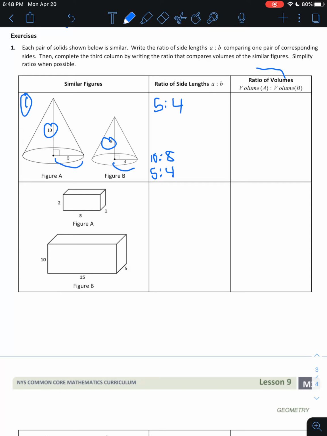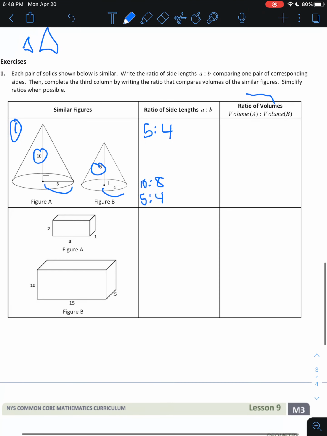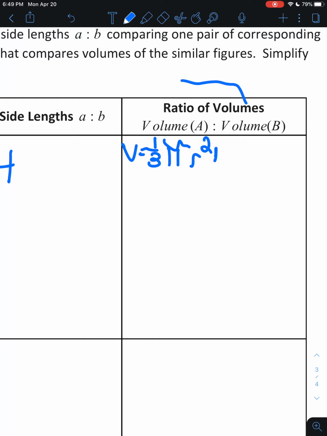So if you remember from a previous lesson, the volume formula for a right cone is volume equals 1/3 pi r squared times height. So again, it was basically just the area times height, and then since it's a cone, it's 1/3 of that.